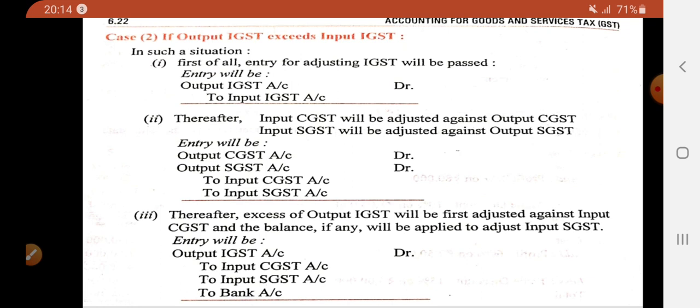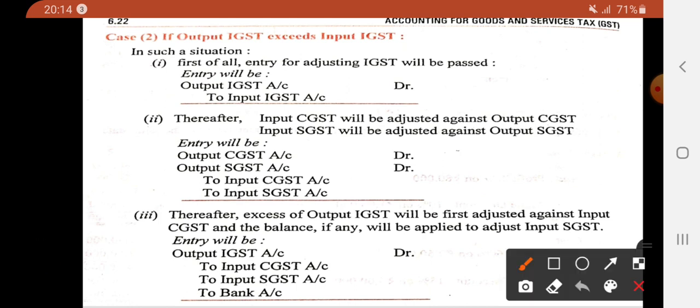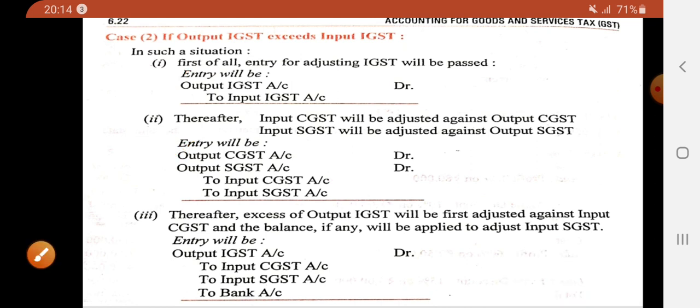Input SGST will be adjusted against output SGST. So first we are going to adjust the output IGST to input IGST, then we will adjust output CGST to input CGST, output SGST to input SGST.